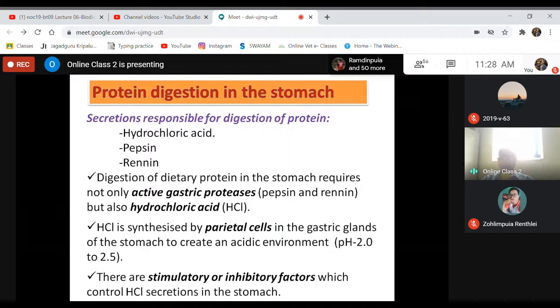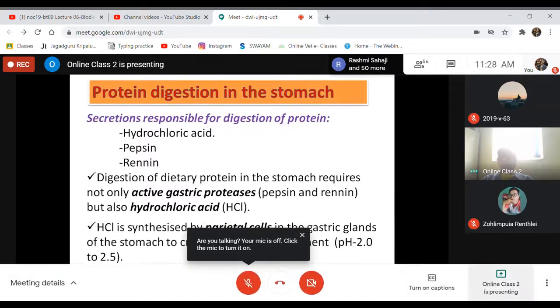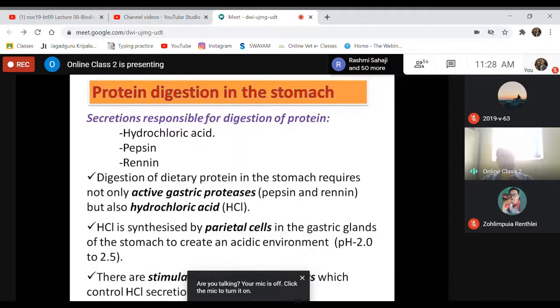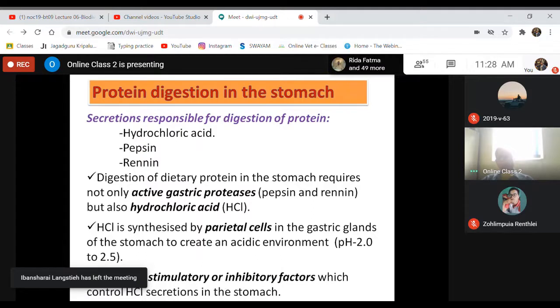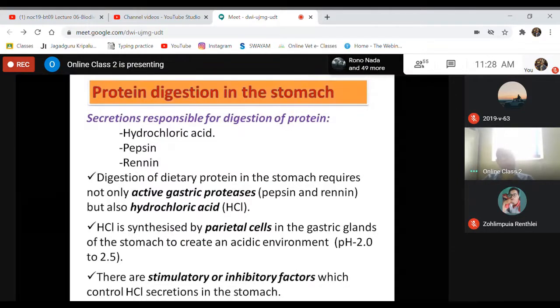There are three secretions responsible for digestion of protein: hydrochloric acid, pepsin, and renin. Of course, renin is secreted in young animals only. So renin is responsible for digestion of milk protein. It is not secreted in adult or growing animals. Only hydrochloric acid and pepsin will be secreted.